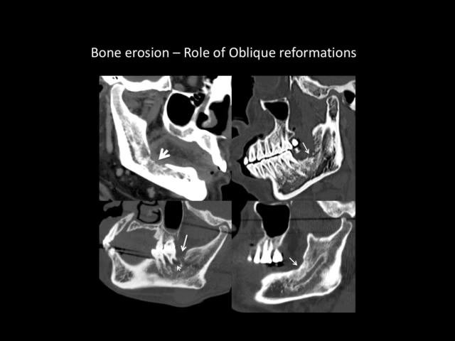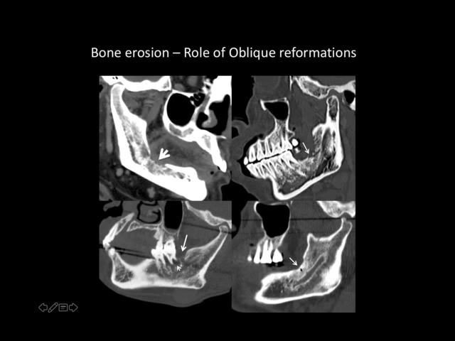When there is tooth loss, a smooth cortication due to bone resorption takes place. That should not be mistaken as bone invasion. So you use bone algorithm, do oblique reformats, and look for whether it is a permeative pattern or it is smooth corticated.